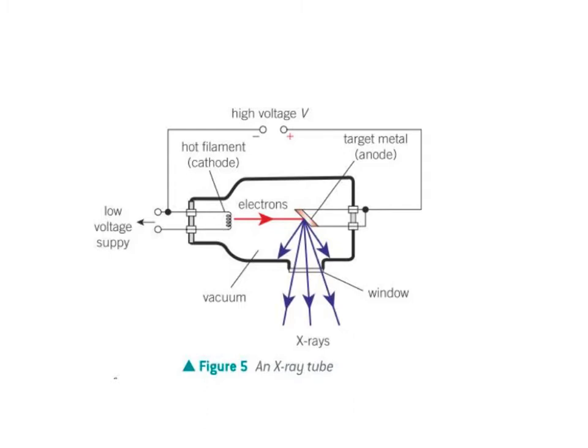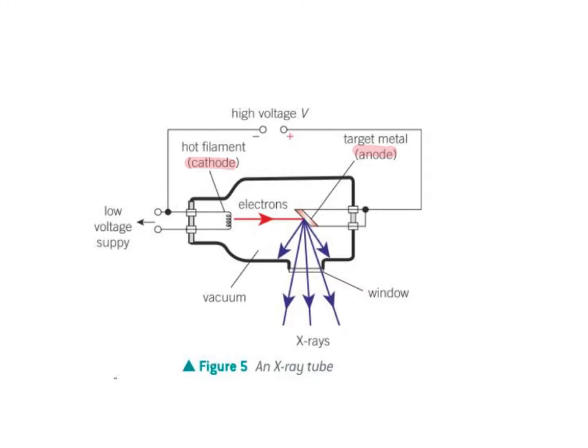So your cathode is here, your anode is here. So this is the metal, that's your anode. We call it the target metal. It's usually made from tungsten, the element. And this is your cathode.